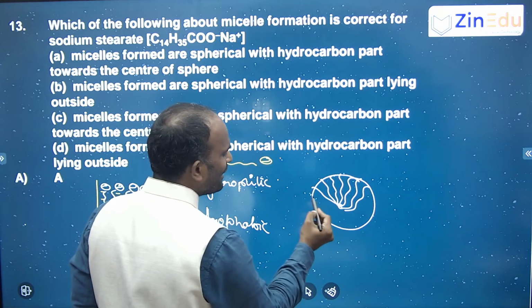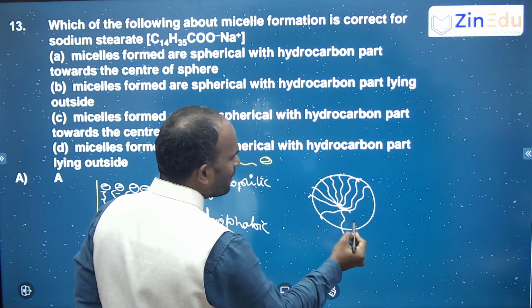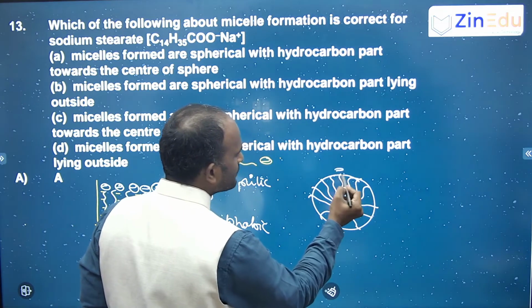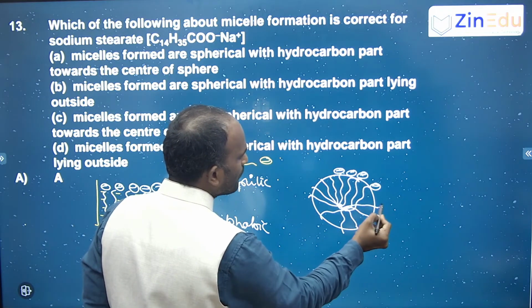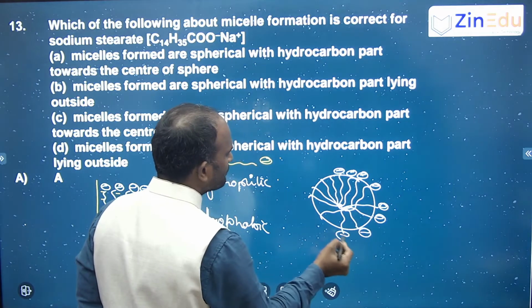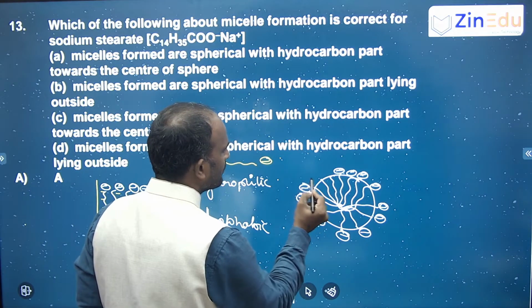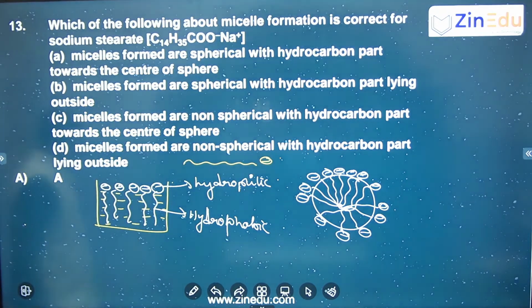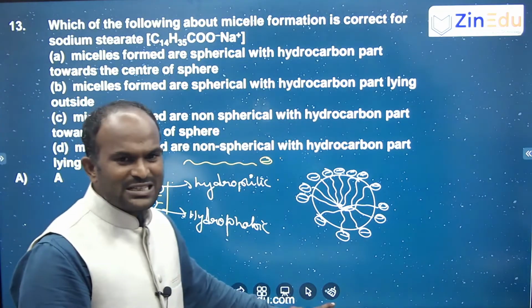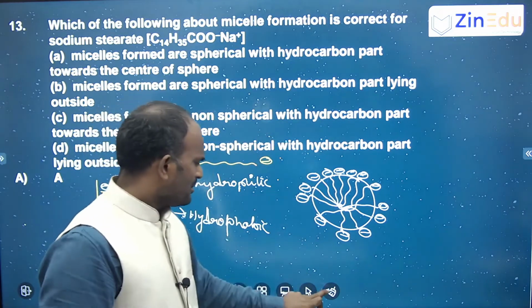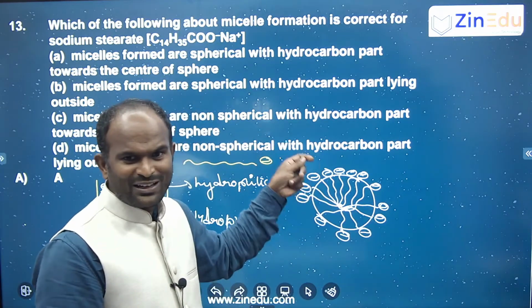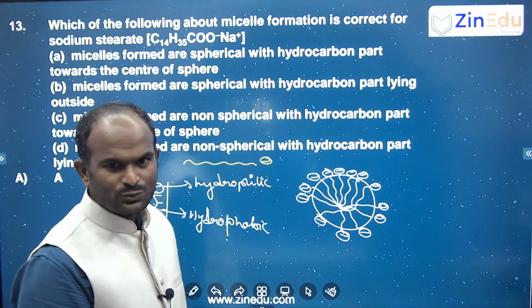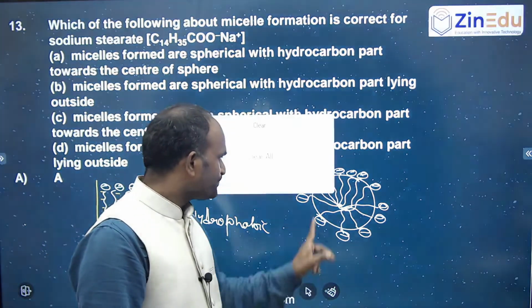Hydrophobic part will be inside and hydrophilic part will be outside. So this is the answer. Hydrophobic part will be inside towards the center of the sphere.